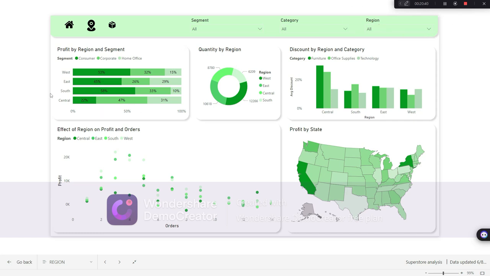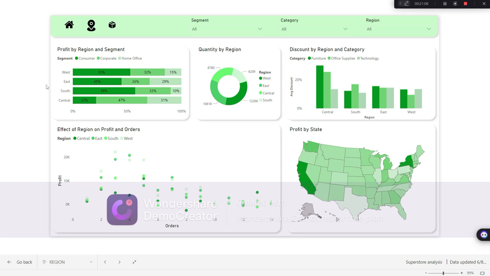If you see, the first chart is showing the profit by region and segment. In West region, we have 53% contribution from consumer, 32% contribution from corporate, and 15% contribution from home office.